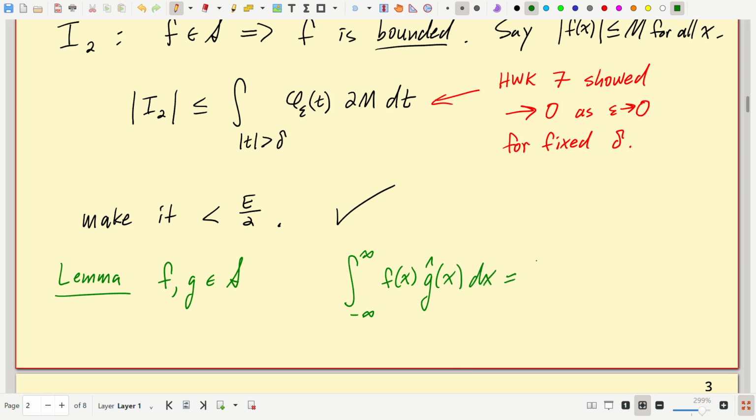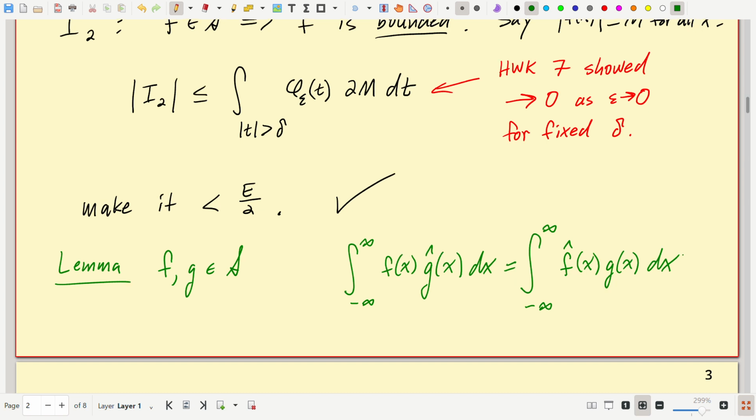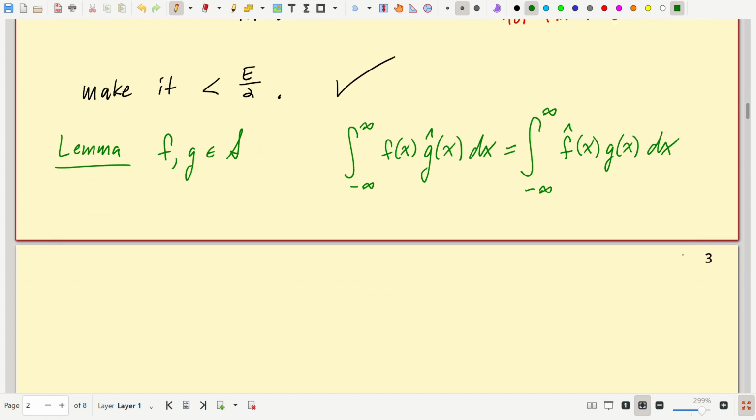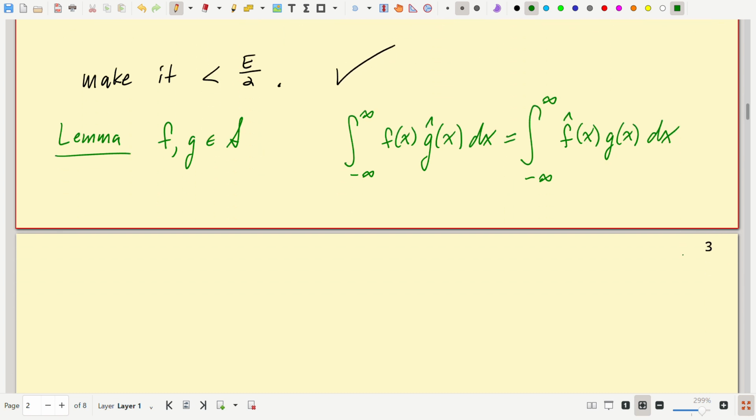This is kind of like those Parseval identities you figured out about series. And it's the same as f hat paired with g of x, like an inner product. That's not an inner product because there's no conjugate in the second spot.